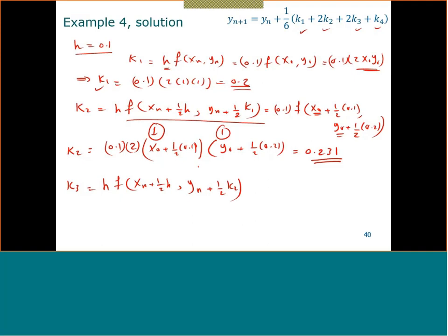The only difference between K2 and K3 is that the last term of the y argument is K2. So when we substitute, we have everything: h, xn, and yn. The only thing to substitute is, instead of 0.2, this value, 0.231. If I do the calculations, this is equal to 0.234, and you can go on, depending on how many digits you want.